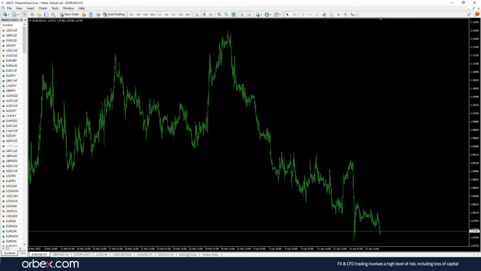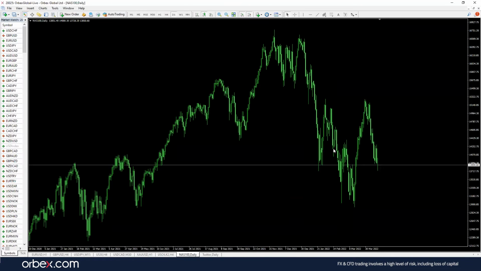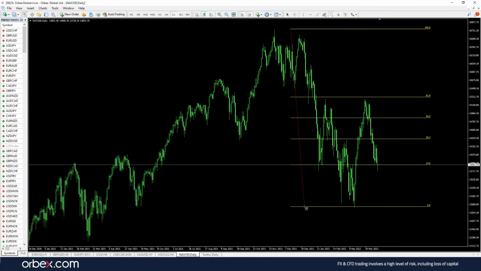However, I was looking at the NASDAQ 100 charts recently. I've got it on a daily chart, and I was speaking with a very good client that we have in the week about harmonics. And I wanted to show you that on this recent swing to the downside here, if we just put a Fibonacci retracement roughly about the high to the low, I noticed that a harmonic pattern was kind of being in progress here.